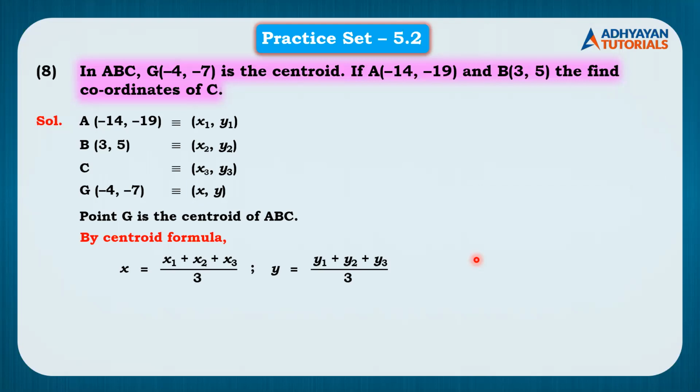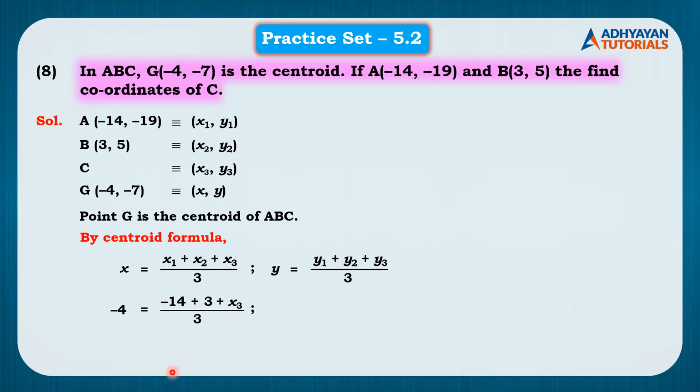Now students, what is the value of x? We can clearly see the value of x is minus 4. So below x we'll write minus 4 is equal to x1. The value of x1 we all know is minus 14, plus x2, the value of x2 is 3, plus x3. Now x3 we don't know, so x3 will remain as it is, upon 3, comma.